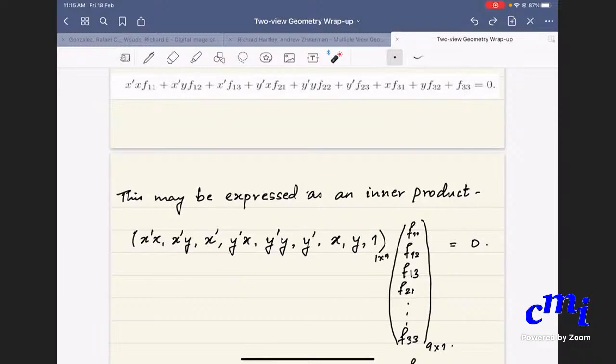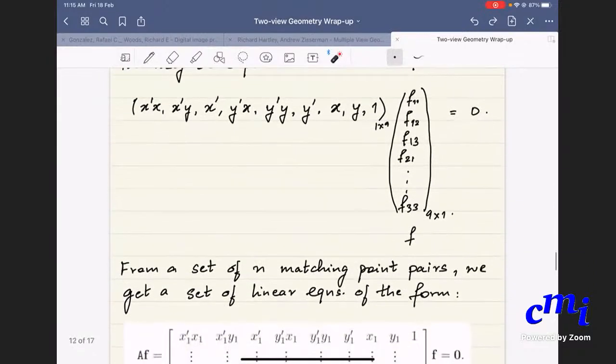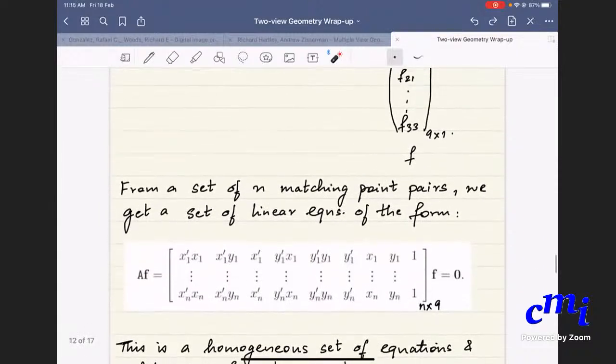Now this is for one pair of correspondences x and x prime, correct? If you have a set of n matching point pairs, then for each matching point you will get such an equation. Then you stack them and get this kind of system.